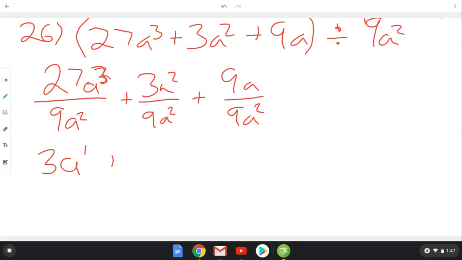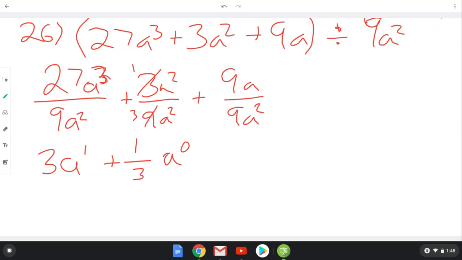And then in our second one, we're going to have 3 over 9. So that reduces, if we divide by 3, that reduces to 1/3. We divide both top and bottom by 3. And then we have a squared over a squared, which is a to the 2 minus 2, which is a to the 0.